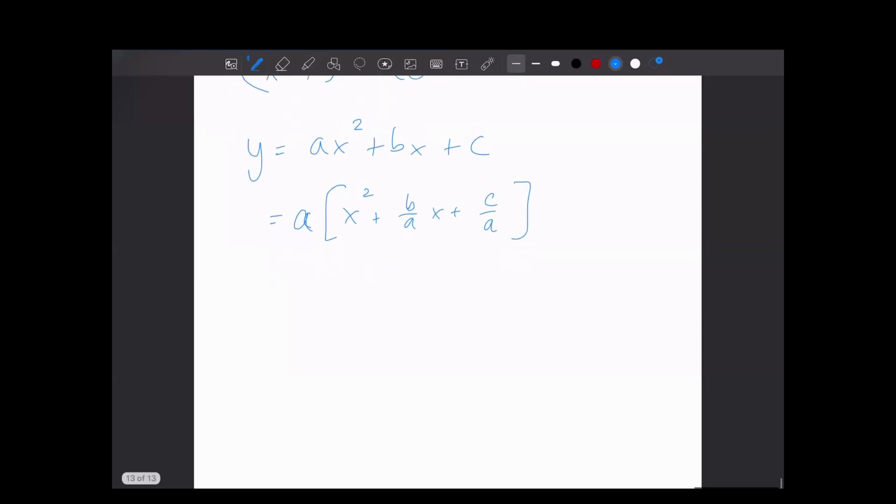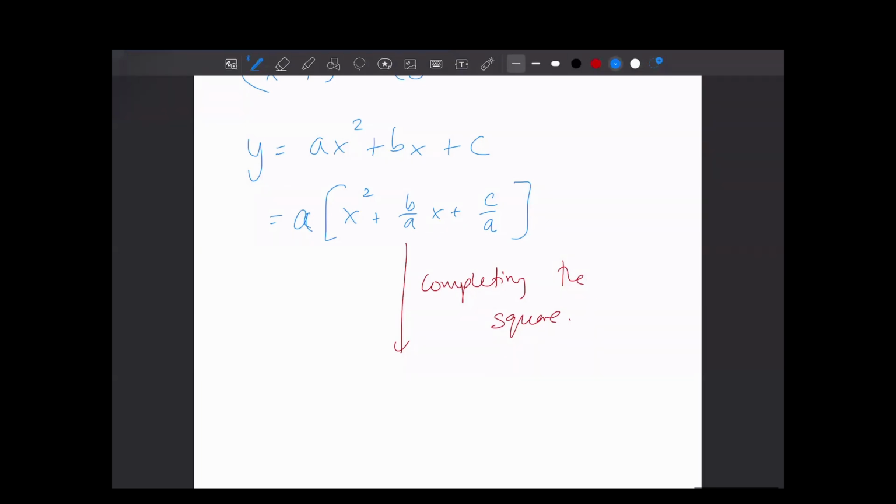Now, if you do completing the square on this, we have something now that we can do completing the square on. We can sort of do the divide by 2 and square this. If you apply completing the square to this, that's where the quadratic formula comes from.